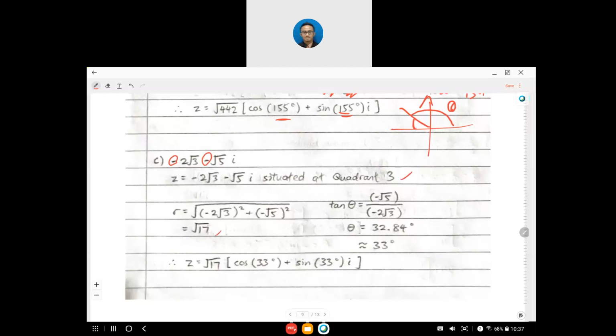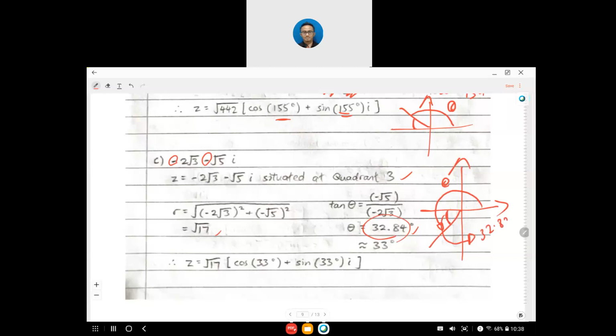And then you find theta, after you calculate on the calculator, awak akan dapat 32.84. Tengok, mustahil lah quadrant 2, which this value mestilah lebih besar daripada 180, quadrant 3, because your quadrant 3 is here. So you need to find what is the angle here. The value of calculator only gives this value.